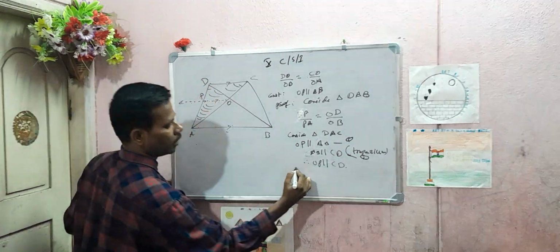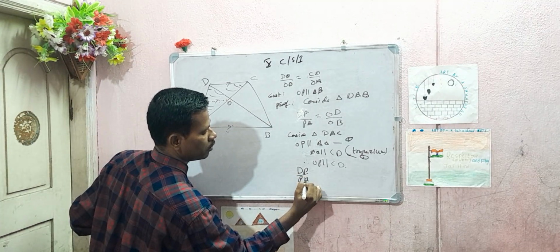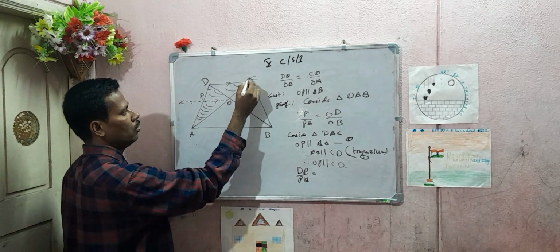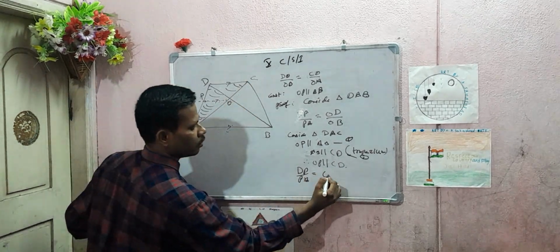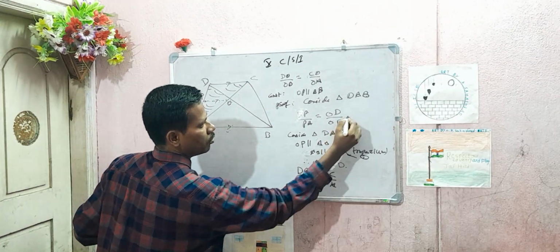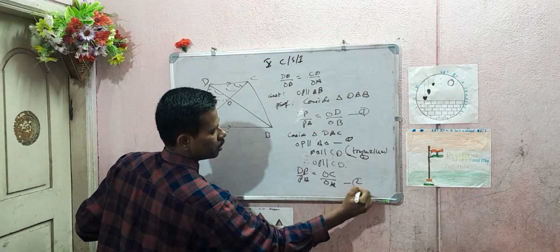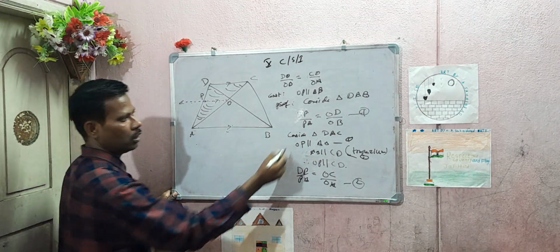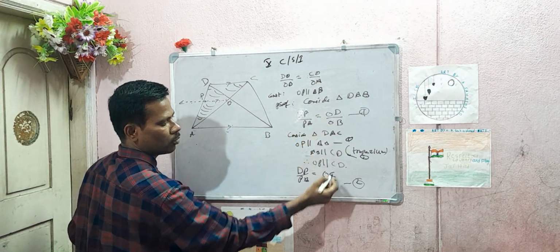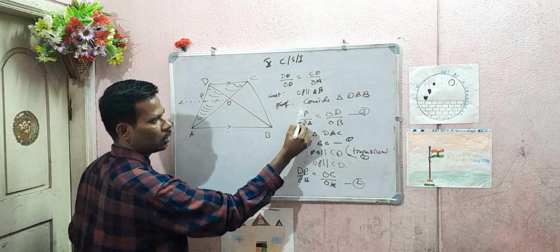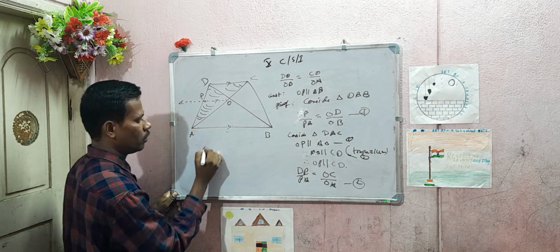DP by PA is equal to OC by OA. Mark this as 1, mark this as 2. DP by PA is nothing but OD by OB. In place of this, what should you write from 1 and 2?